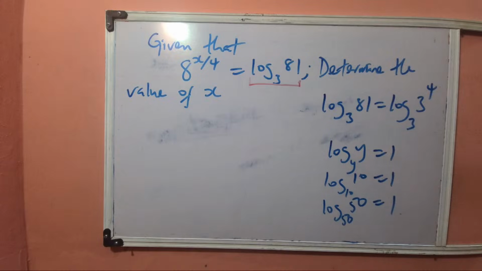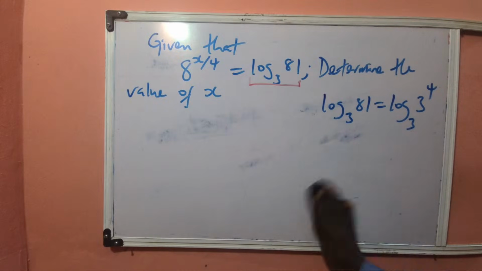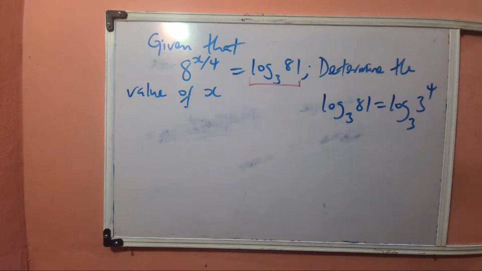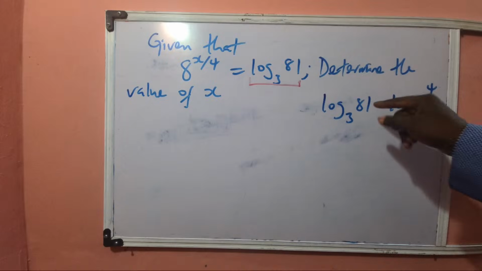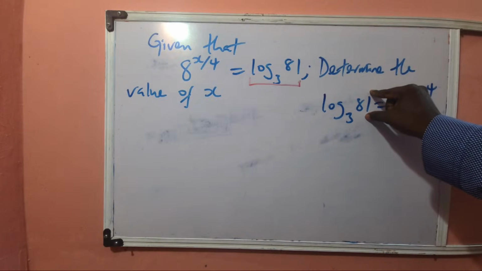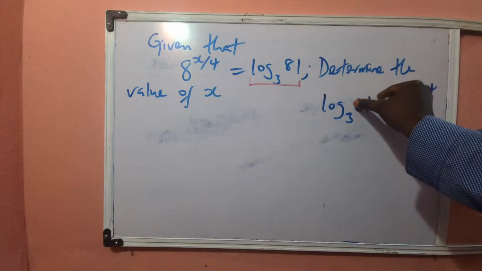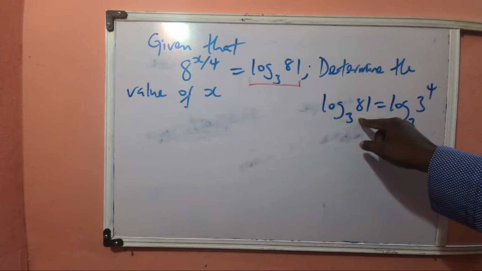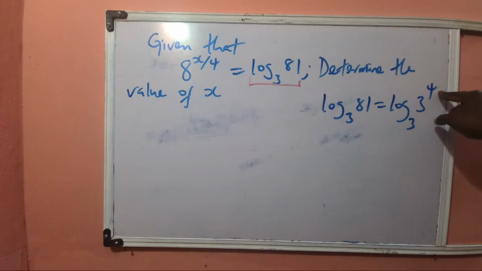So when we have the log of the same thing, with the base and everything the same, it gives me a value of 1. When you see a question of this form, you see 81, and you don't know what to do, one thing you need to always test is whether we can have 3 raised to the power of something, because we can see 3 here. We are sure 81 gives us 3 raised to power 4.